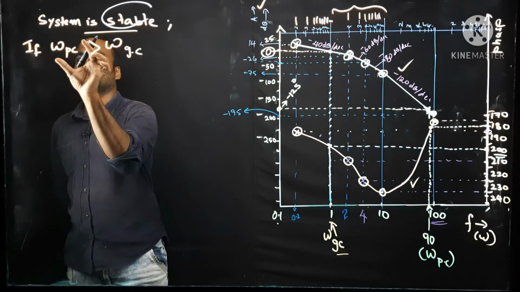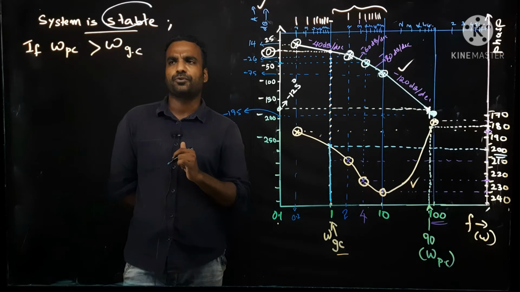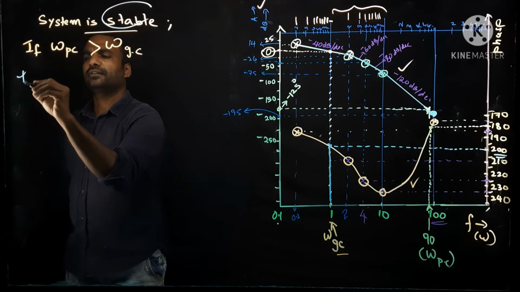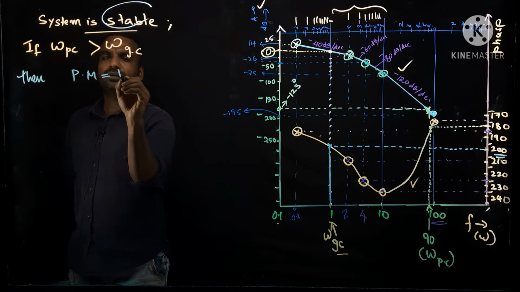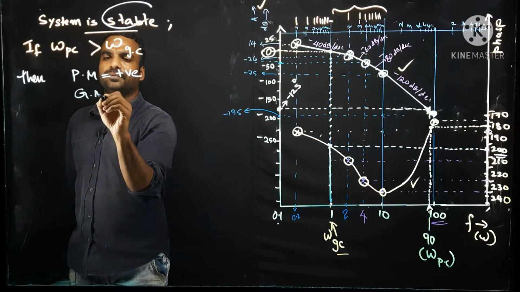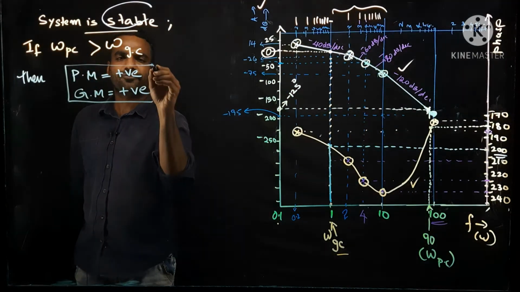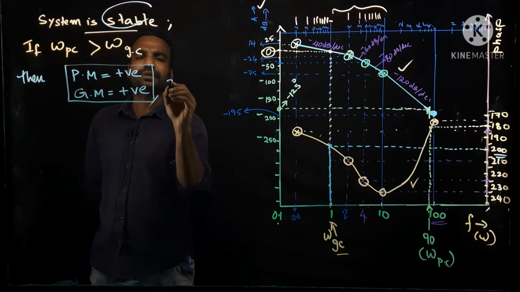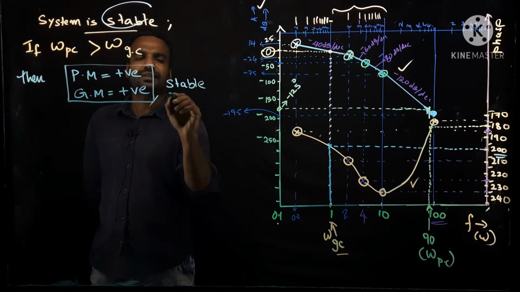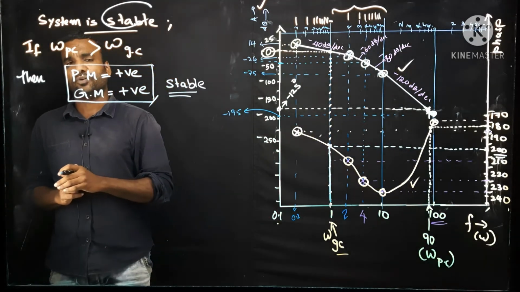If omega pc is greater than omega gc, then we can definitely say phase margin will be positive and gain margin will be positive. If phase margin and gain margin are both positive, the system is stable.